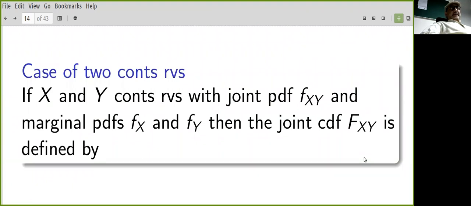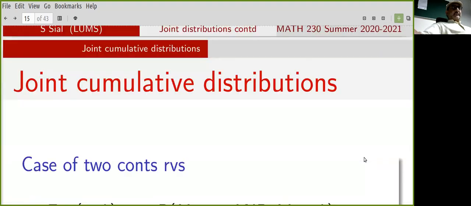Now, in the case of 2 continuous random variables, which have a joint PDF f sub xy, and they have marginal PDFs f sub x and f sub y, then the joint CDF is defined this way.